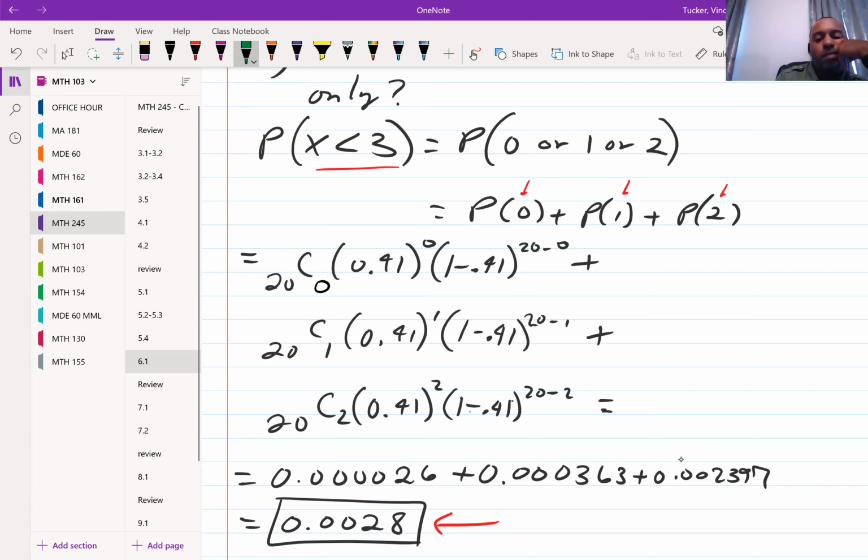So what you could do is the complement rule. We have less than 3, which is 0.0028. Since we want to know greater than or equal to, we can subtract less than, which is everything else. And that'll give us 0.9972.